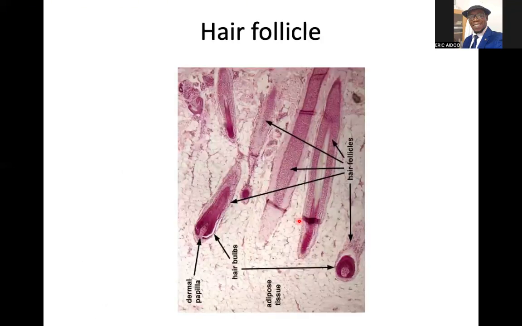Again, this is a micrograph where we are seeing hair follicles. You can see how slender they are, so it will be very easy to identify hair follicles on a slide by yourself. The dermal papilla is there, the hair bulbs are also showing, then the hair follicles are there as well. We have adipocytes or adipose tissue.